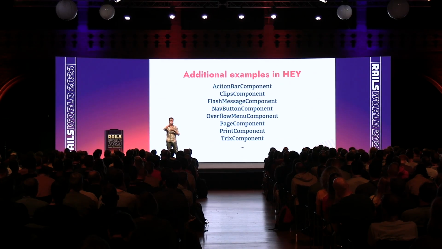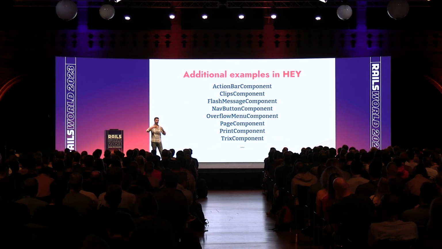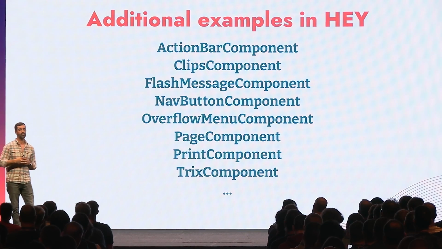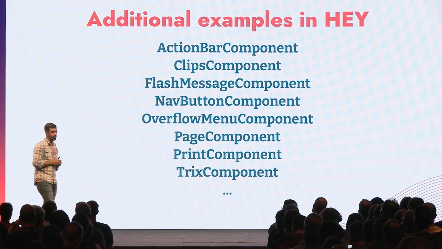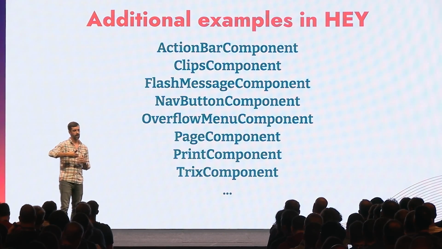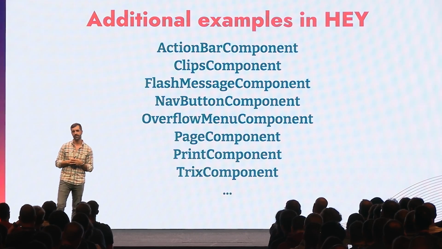We've got a page component. This one's interesting. The page component actually connects on every single page in the web app, and it lets us do some nice things. On some pages, for example, instead of showing the title of your page in the top app bar, we'll show it in large styled text in the WebView. And as you scroll the page and the page scrolls away, we will animate the title into the top app bar.